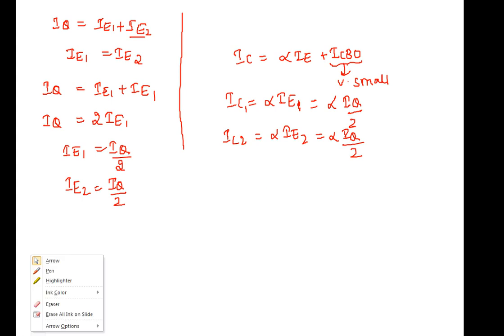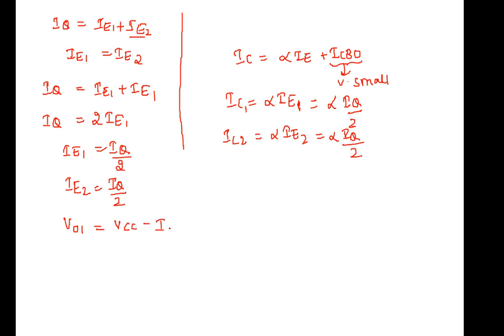Because both the transistors are in on condition, V01 equals VCC minus IC1 into RC. So VCC minus IC1 value, which is alpha into IQ by 2, into RC.